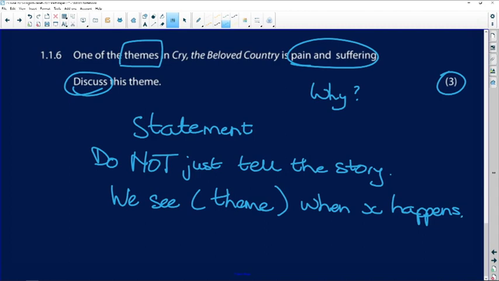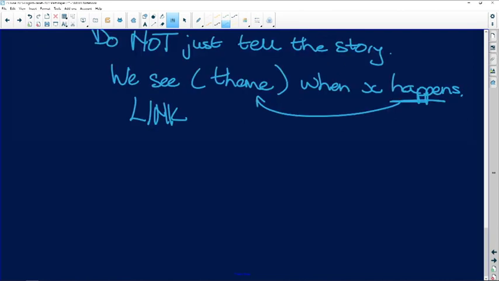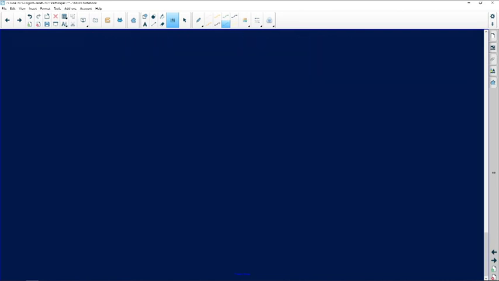And then what you have to do is show me the link between whatever it is that you've taken from the story and the theme. So really, we're looking at 3 examples because there are 3 marks. You're going to give me an example plus the link 3 times over.